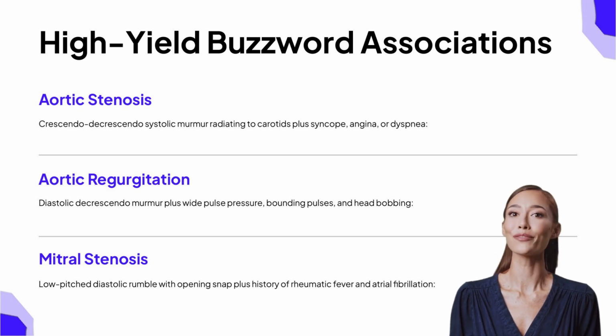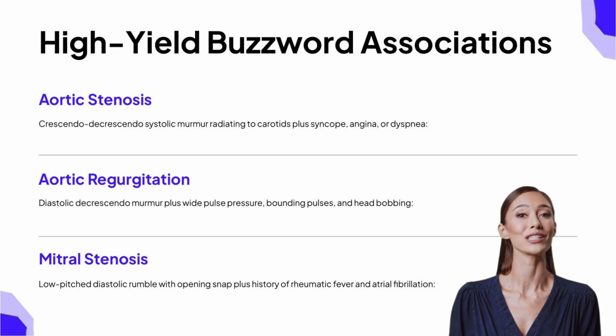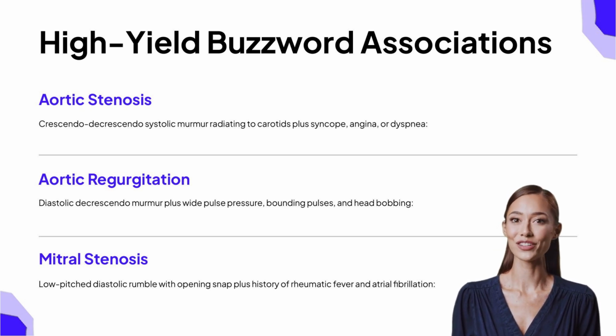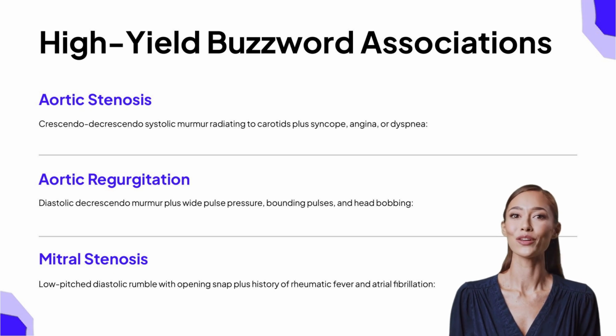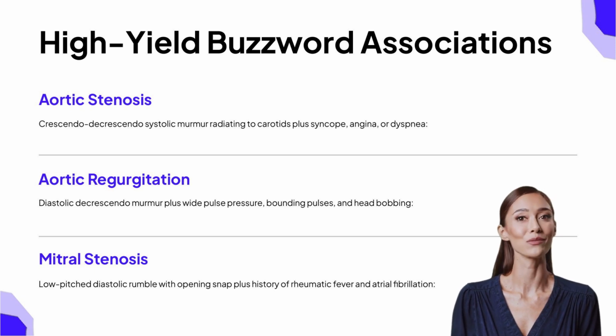The physical exam findings are dramatic: wide pulse pressure, bounding pulses, and sometimes visible head bobbing. For mitral stenosis, you'll see a low-pitched diastolic rumble with an opening snap, often in a patient with history of rheumatic fever. And don't forget the atrial fibrillation association. When you see these patterns, the diagnosis should be automatic. Make sure to review your First Aid murmur table for a complete list of physical exam findings.